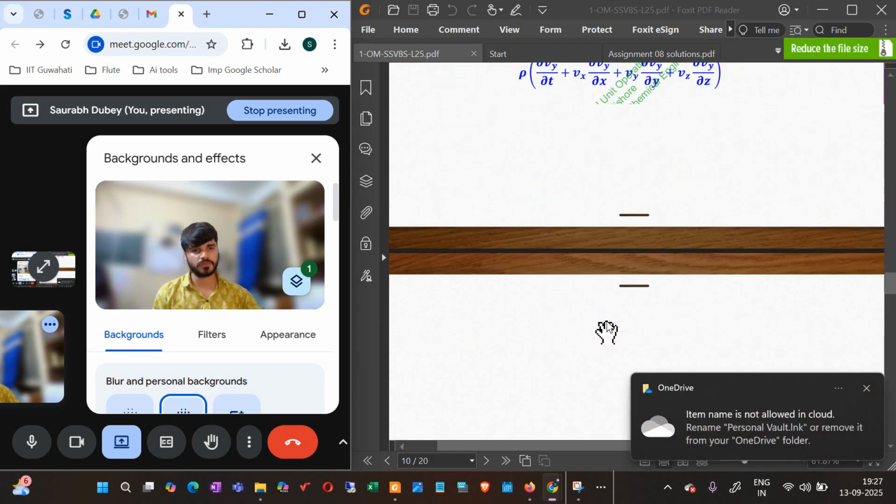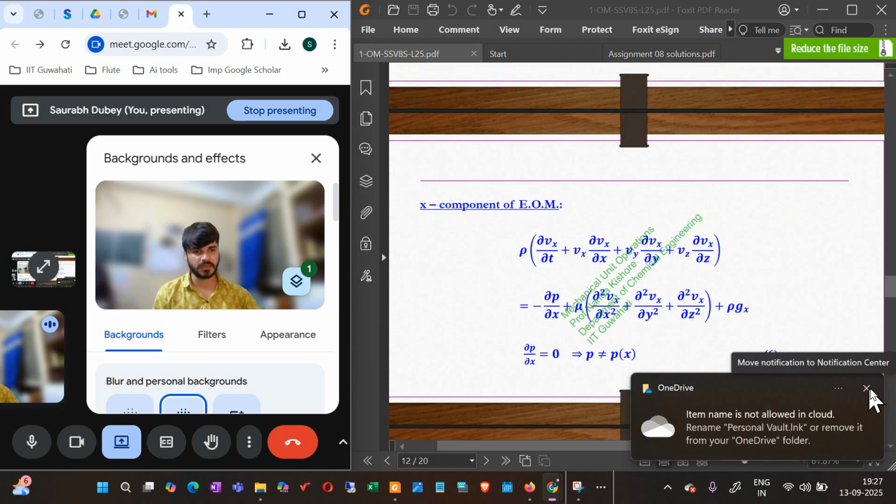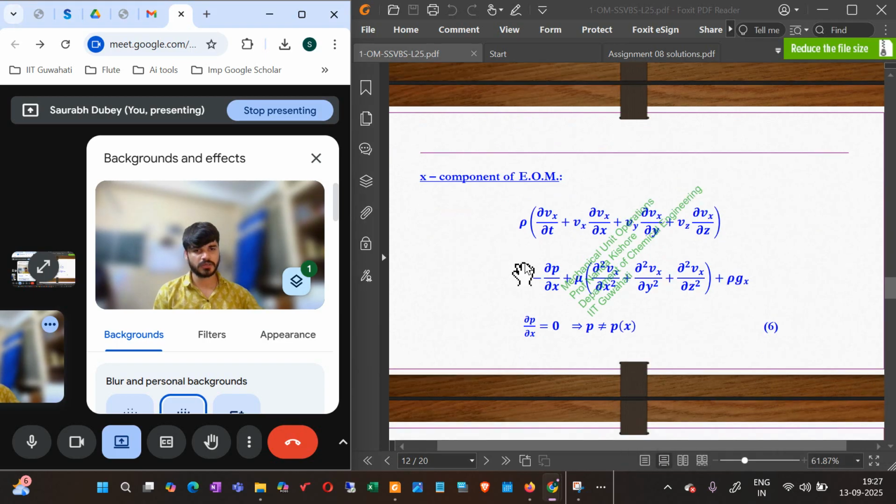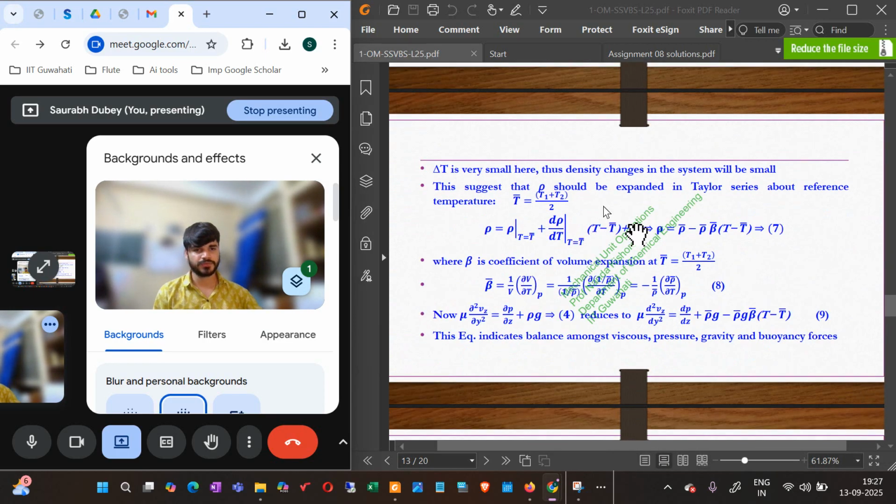So now things became easy, right? How? You see, delta T is very small here, thus density changes in the system will be small. This suggests that density should be expanded in a Taylor series about the reference temperature.